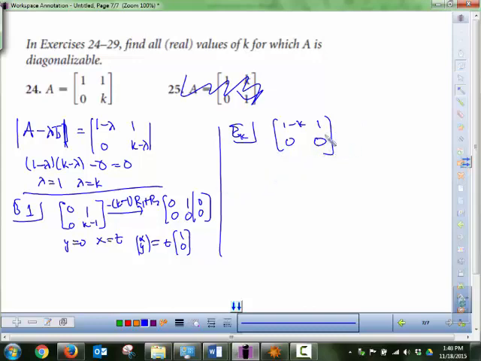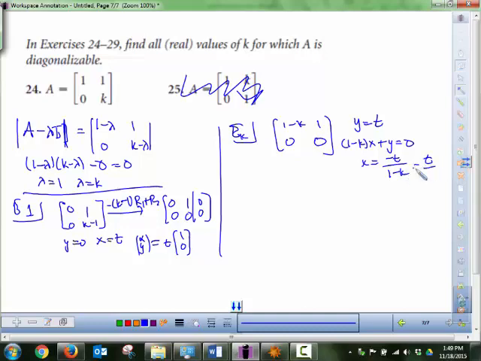Okay. So you've got the whole bottom row equal to 0 already, so you might as well just let Y be your free variable. Y is equal to T. And then you have 1 minus K times X plus Y is equal to 0. So X is equal to, bring the Y over to the other side, negative T divided by 1 minus K. I guess that's equivalent to saying positive T and then switching to K minus 1.